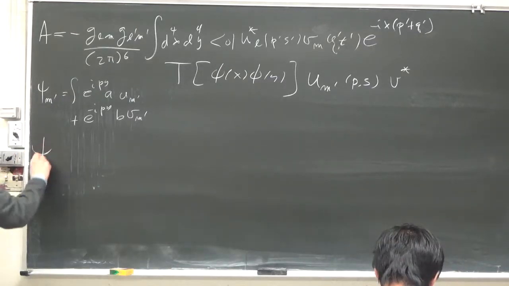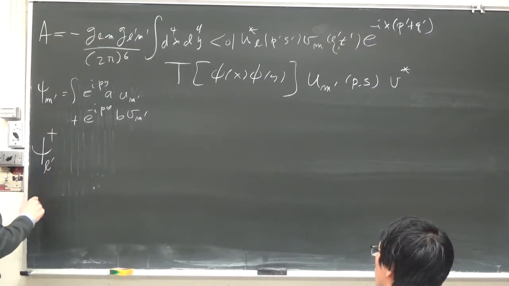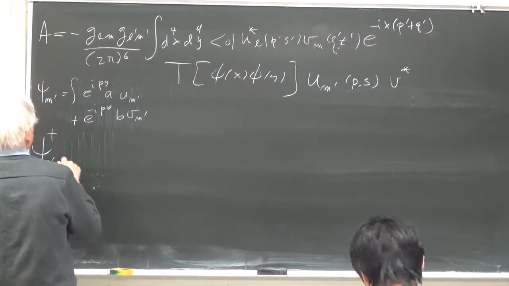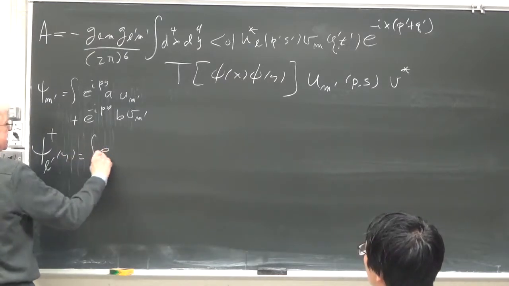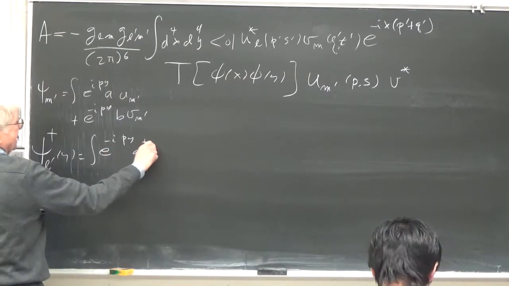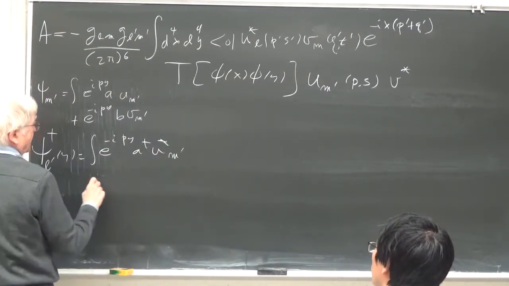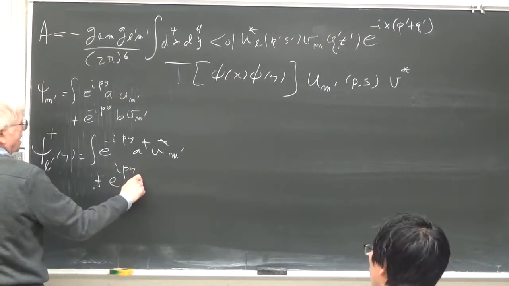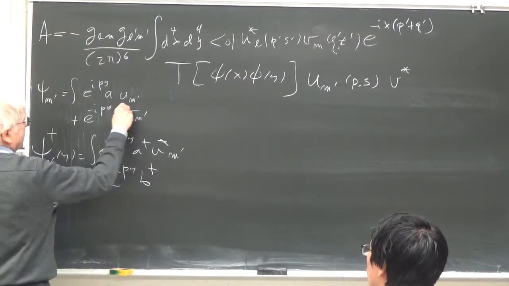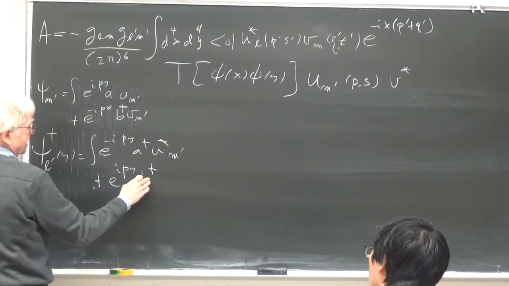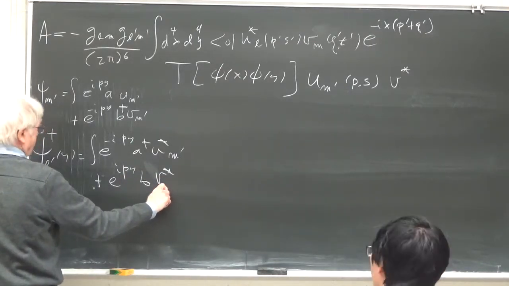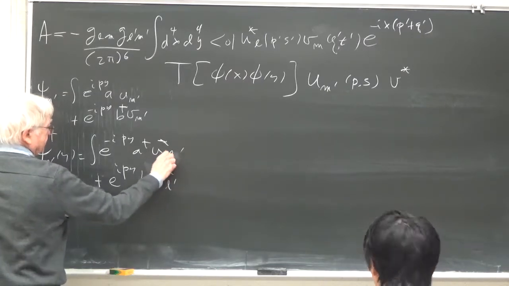That's the field, and then the adjoint field, which was psi dagger L prime at y, would be e to the minus i p y a dagger u star M prime plus e to the i p y. All right, I may have screwed up here. No, this is b dagger, and that's v. So this is v star L prime, and this is an L.